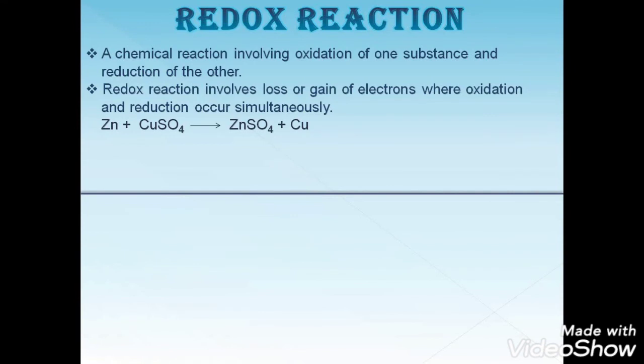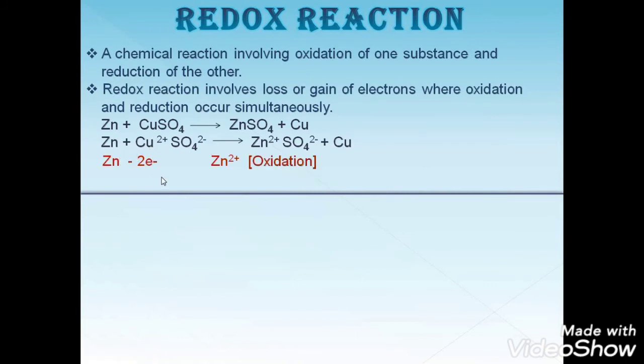We have an example for the same. Here we have zinc reacting with copper sulfate to form zinc sulfate and copper. You know this very well as a simple displacement reaction. Now the same reaction is split. See, you have copper 2 plus and SO4 2 minus here. Now what will happen to this copper 2 plus and SO4 2 minus and zinc? Zinc is losing 2 electrons and it is becoming Zn2 plus because it is loss of electrons. You can see that is shown by minus 2e minus.